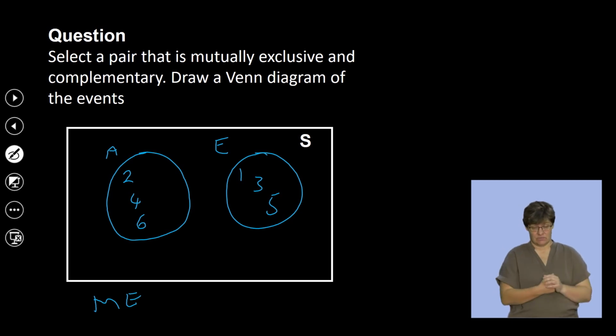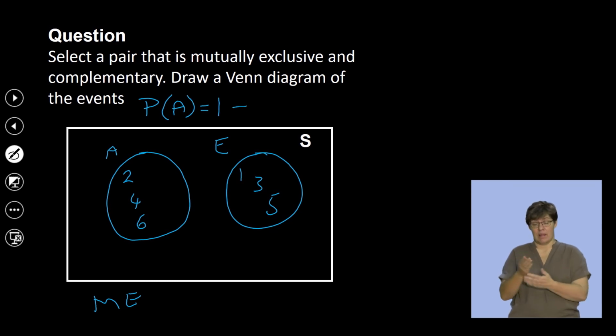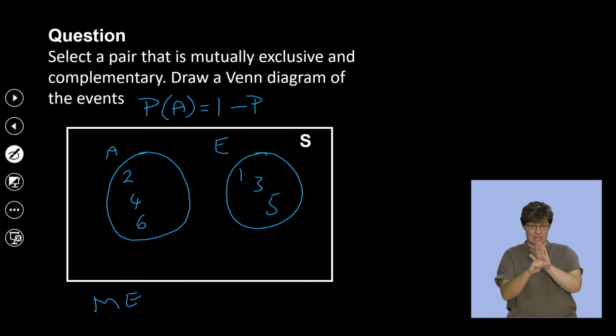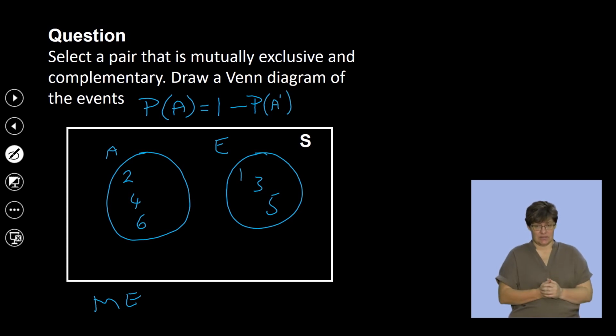And because they're mutually exclusive, we can apply the addition rule for mutual exclusivity. But we wanted them to be complementary as well. That means we've got to check: does the probability of A equal 1 minus the probability of the things that are not in A? That will tell us if they're complementary. Well, if they're not in A, then they're in E.